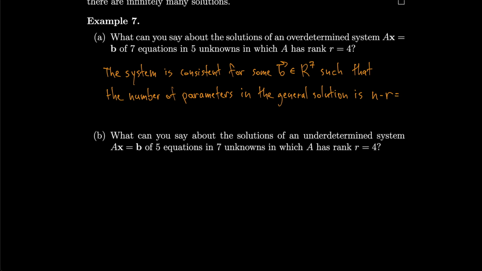In this case, n is 5. It's our 5 unknowns, 5 columns, and the rank is 4, so it must be one parameter in the general solution.